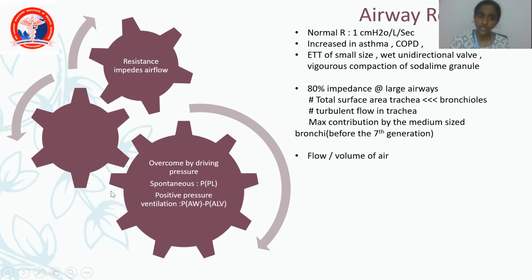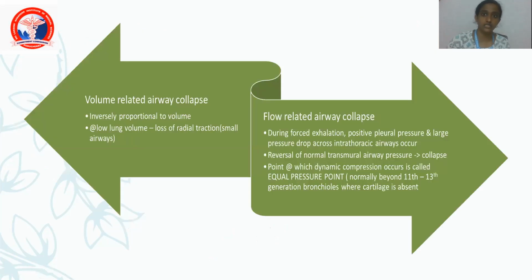So in order to overcome resistance in a spontaneously breathing patient, the pleural pressure will be the driving pressure. In positive pressure ventilation, like when we put the patient on a ventilator, it is the airway pressure minus the alveolar pressure which helps in overcoming the airway resistance.